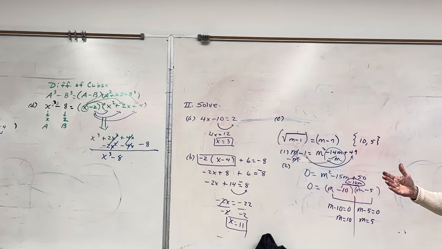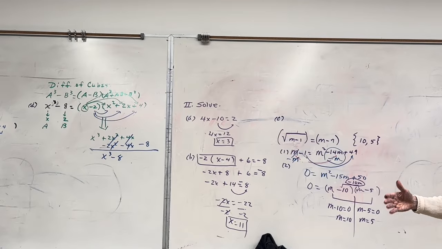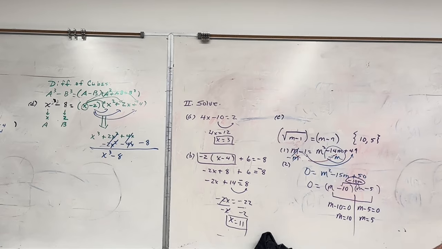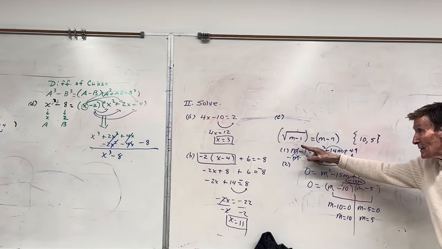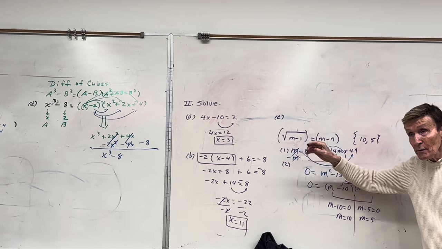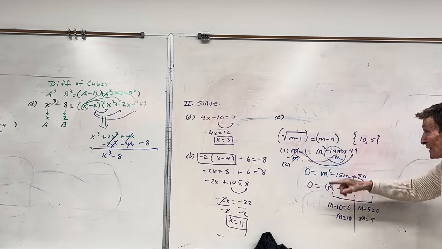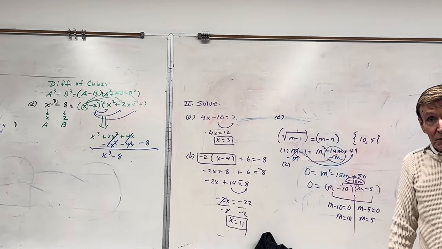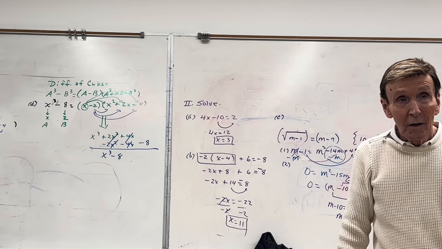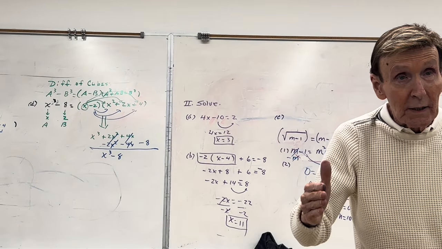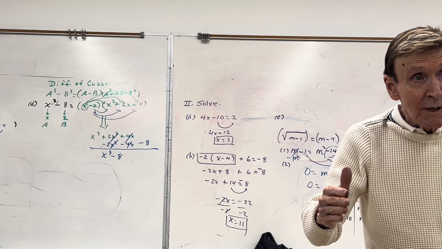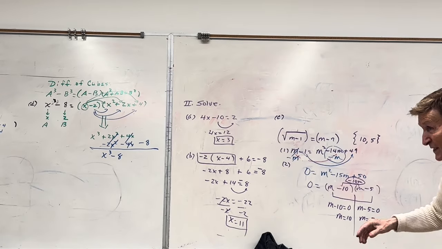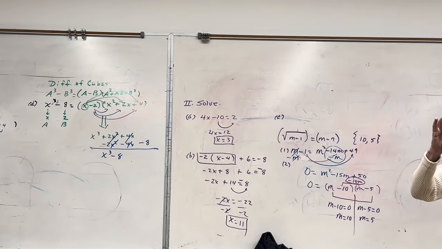10 works. I've seen some of these where you get answers, I should call them possibilities, and nothing works. At least 10 works. 5, I'm right. 5 subtract 1 is 4, square root of 4 is 2. 5 subtract 7? -2. Did I do that correctly? If I replace by 5, would this be square root of 4, which is 2?